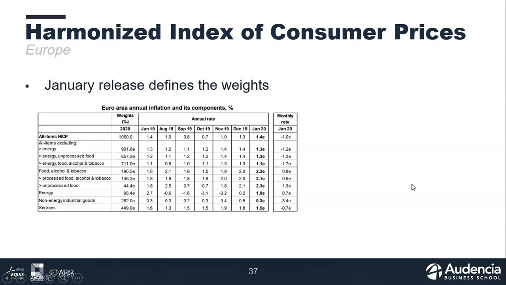This is the release of what's called the Harmonized Index of Consumer Prices by the European Union. So the European Union fixes a way of measuring their price index, the Harmonized Index of Consumer Prices, across all European countries, so we can compare the inflation rates from one country to the next.